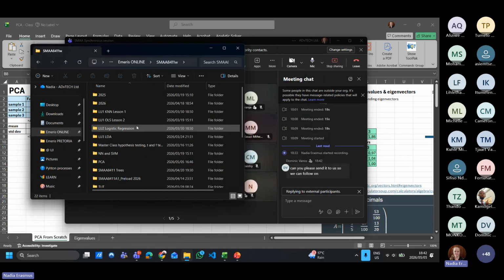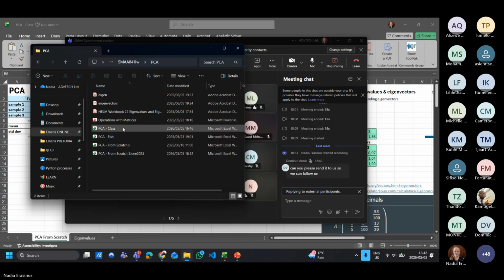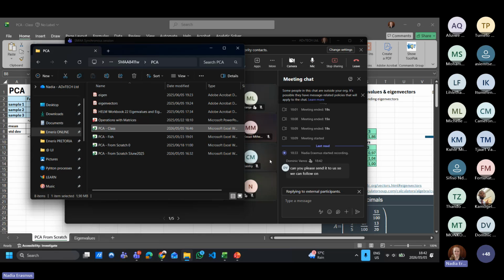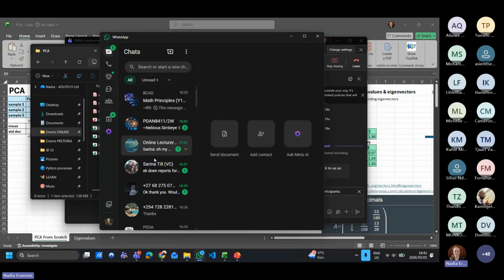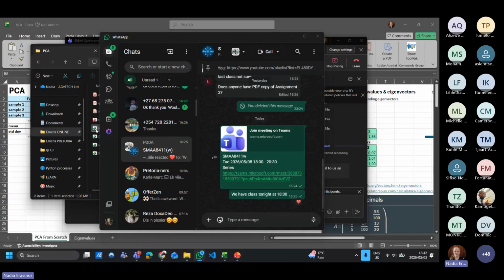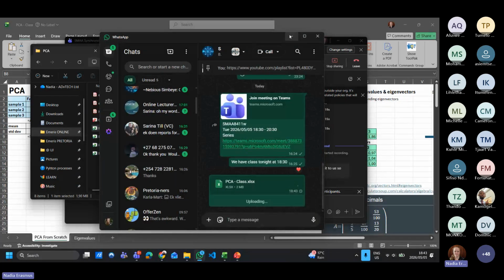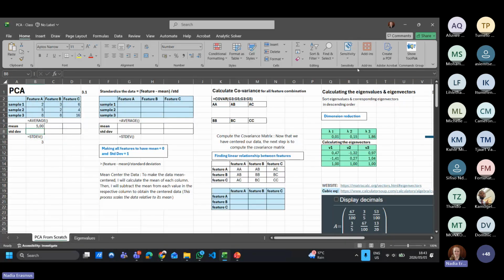So the Excel spreadsheet, yes. Too many slides, too many. Okay. So going to, oh no. Why? Okay. Is everybody, do you have your WhatsApps open? I'm going to share it on WhatsApp since it doesn't want to share. Okay, so everybody should be able to see it on WhatsApp. Unfortunately, I did not upload this one to the folder yet, but it will be uploaded, so I will still get there.